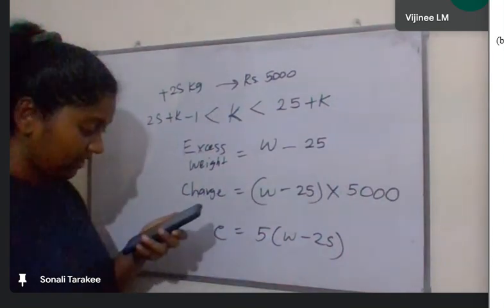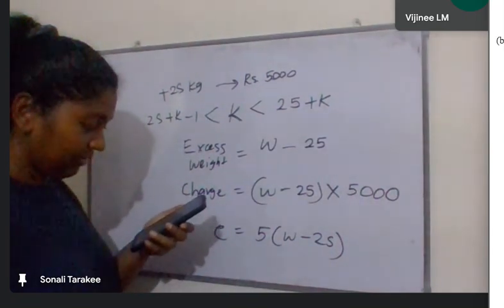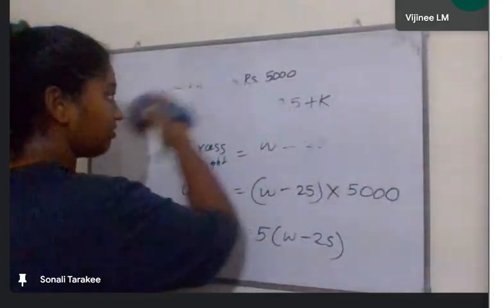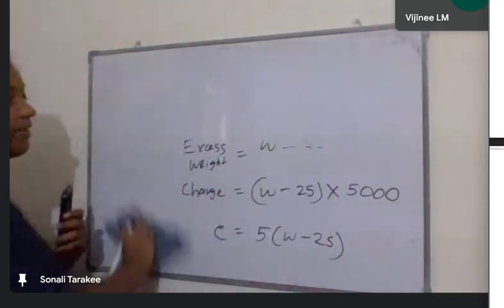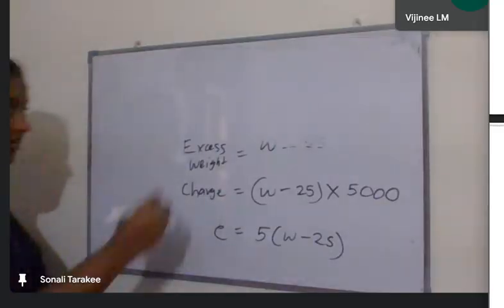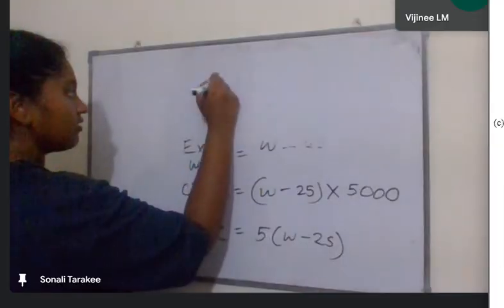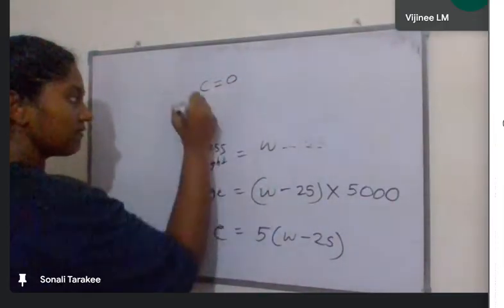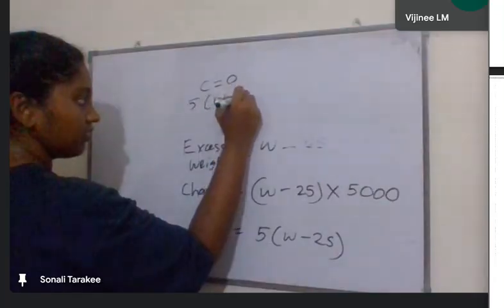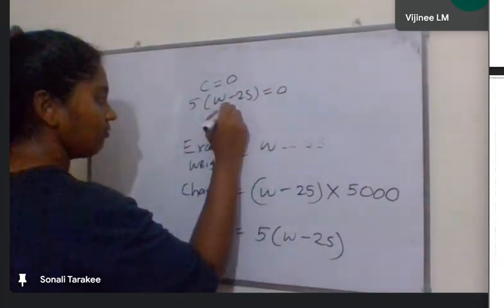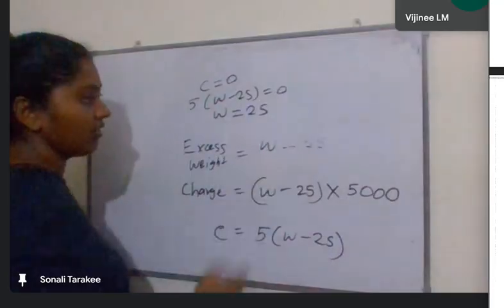Okay. If C denotes, we have to find P(C equals 0). Now C equals 0 means substitute these values. 5(W minus 25) equals 0. So W equals 25.